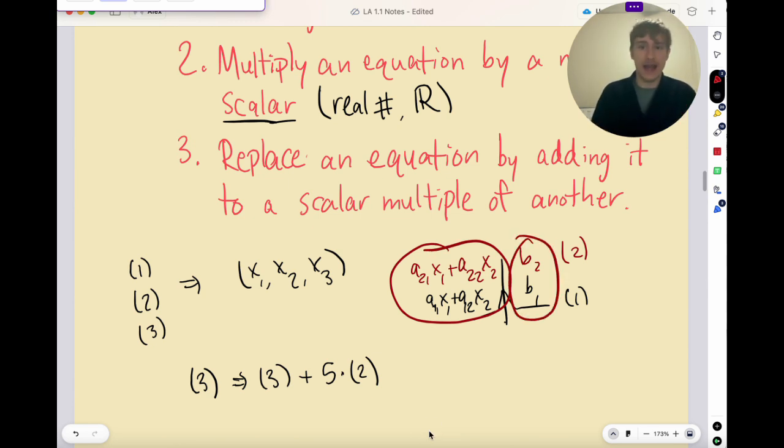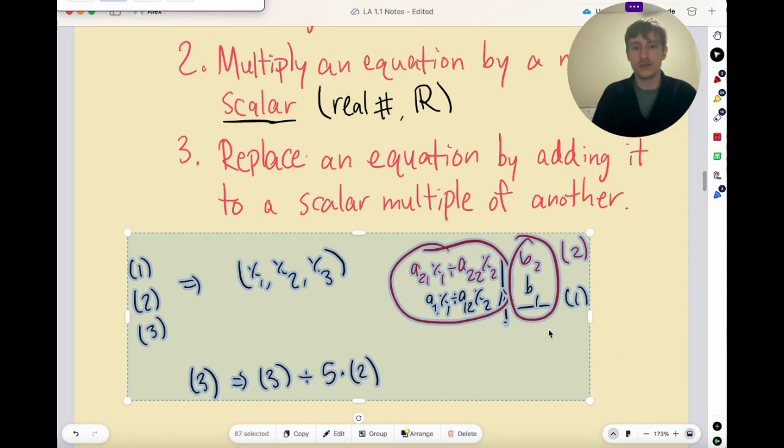So that's why you can take one equation and replace it by adding another equation to it. And you're going to end up with the same solution set because everything maintains that balance. So you should have all of that in your mind as we're proving this.